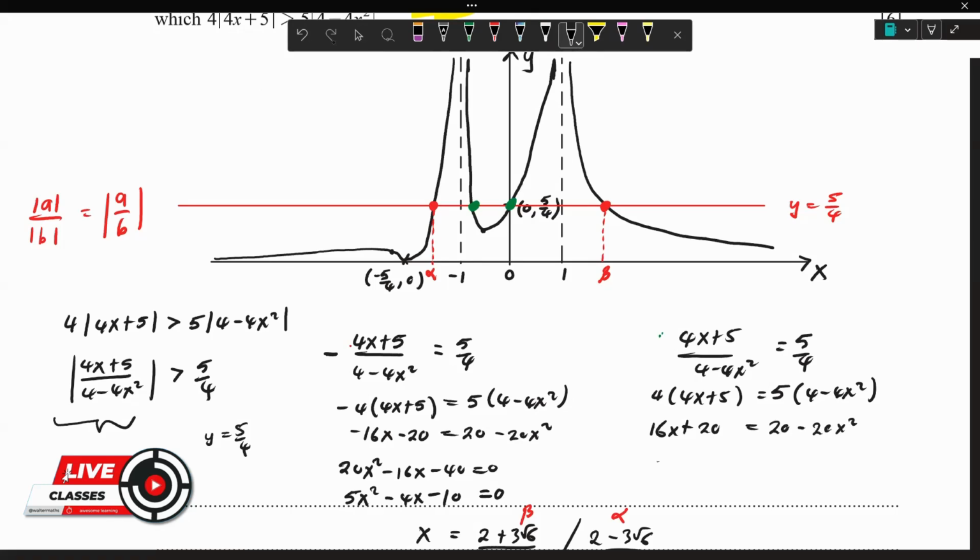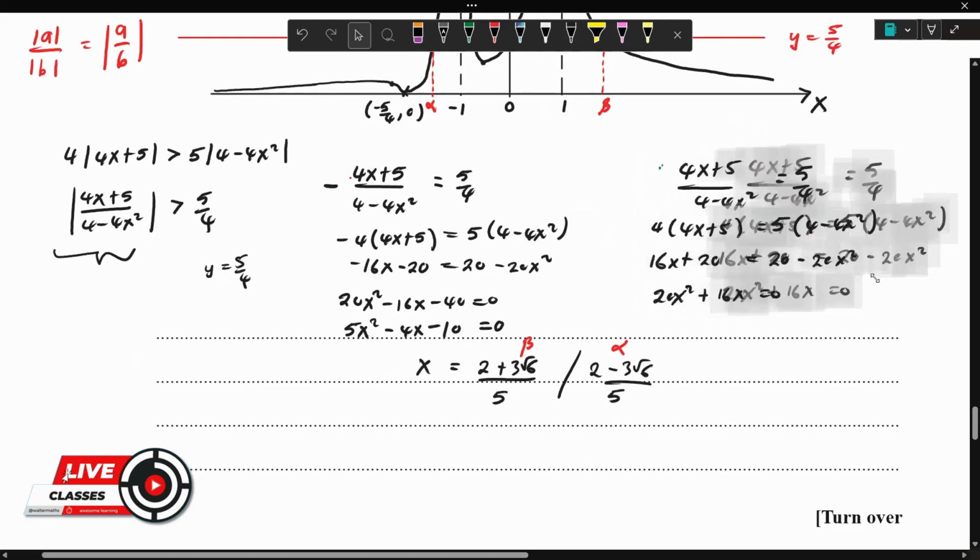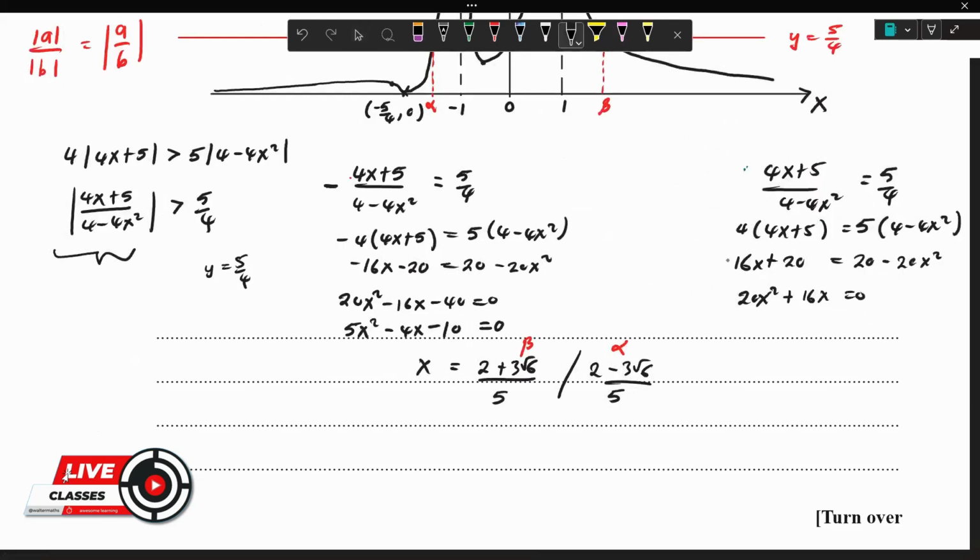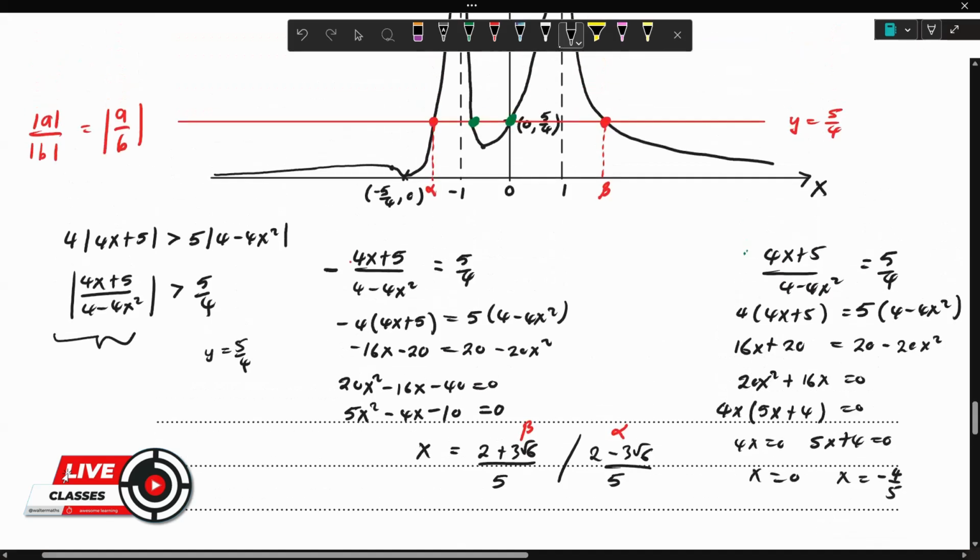So that's 20x squared plus 16x equal to 0. Let's factor out 4x. We'll be having 5x plus 4. So 4x equal to 0, or 5x plus 4 equal to 0. So x equal to 0, or x is equal to minus 4/5. All right. So let's call this gamma, and this is 0.